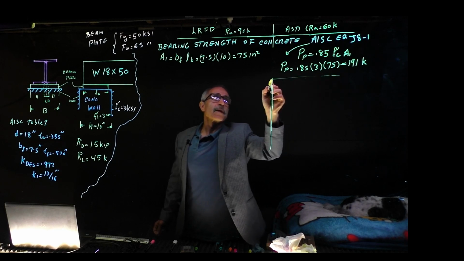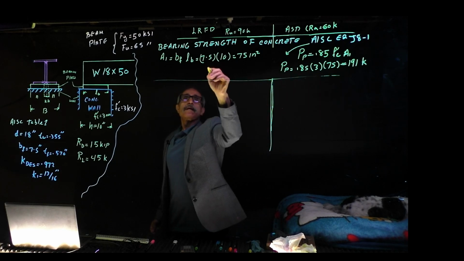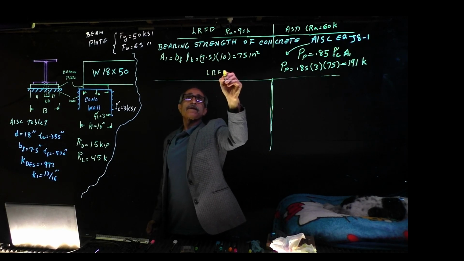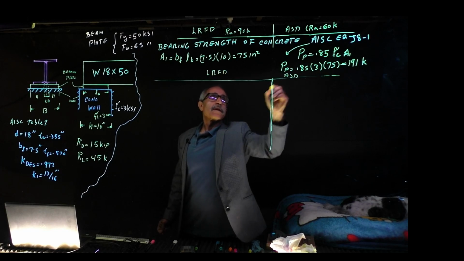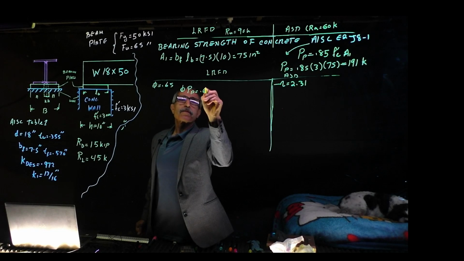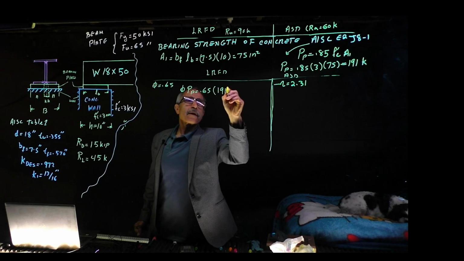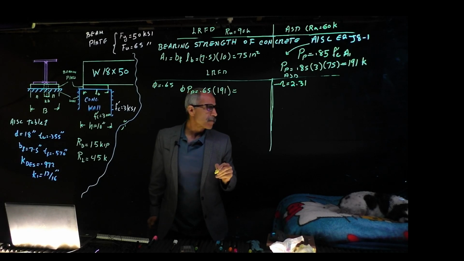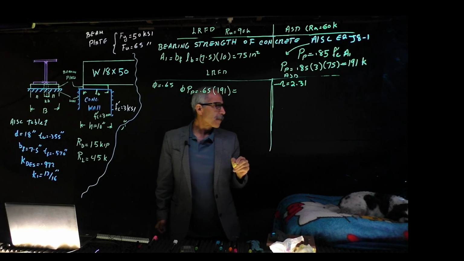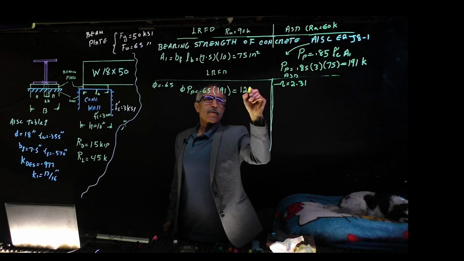Now I can go allowable stress design and load resistance factor design. I can basically do this, right? Say load resistance factor design in AISC, phi PP is 0.65 times 191, and that's equal 124 kips.